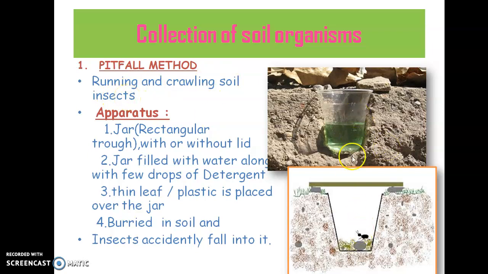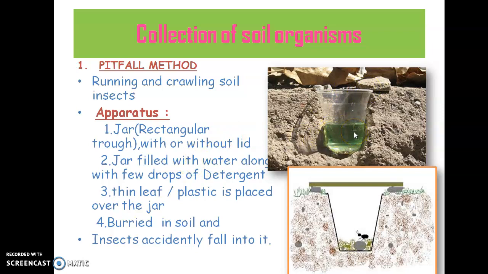And this is the apparatus used for collection by this method. The apparatus consists of a jar, and this may be a rectangular trough. Here it is a plastic glass, and it may or may not have a lid. Okay, and this jar will be filled with water along with some kind of detergent.